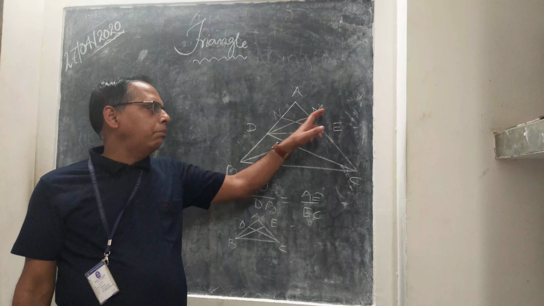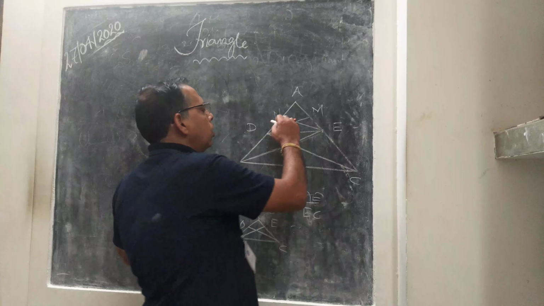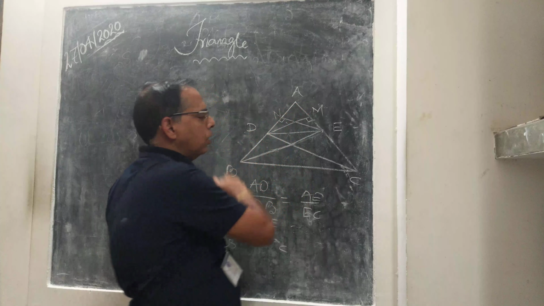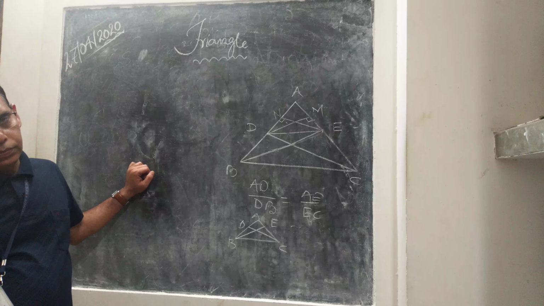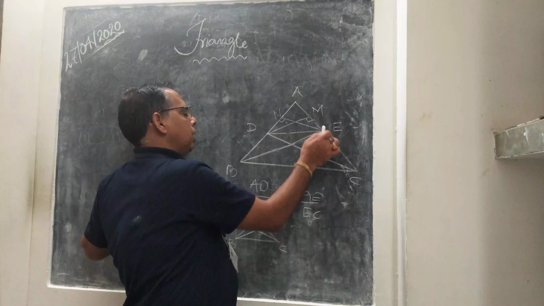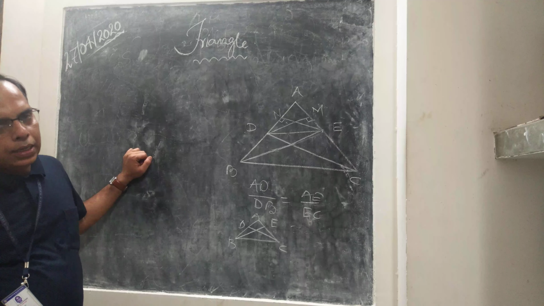From D, DM and from E, EN are drawn perpendicular on AE and AD. Full stop. Then, BE and CD are joined.